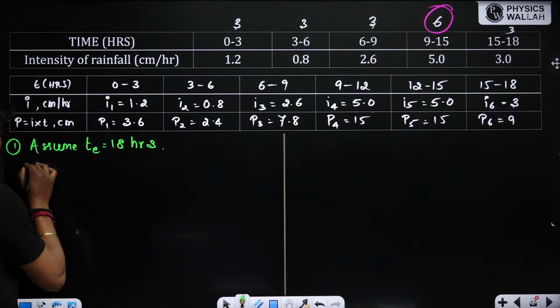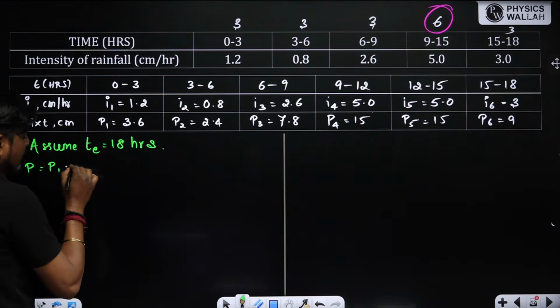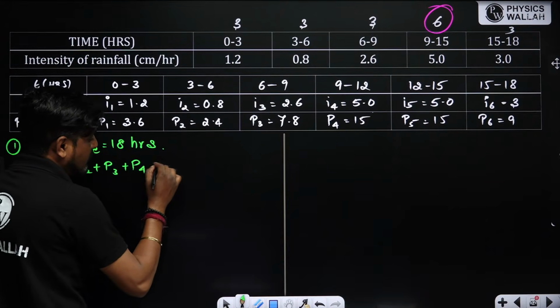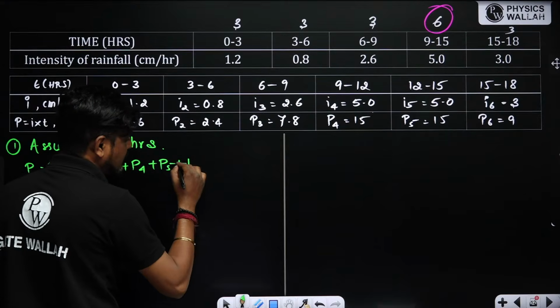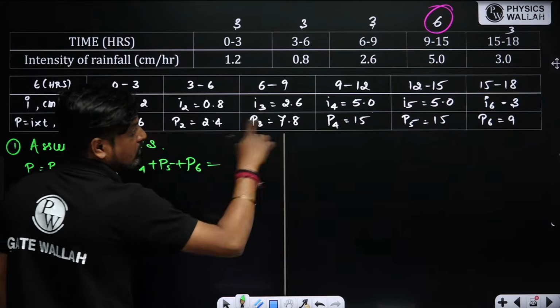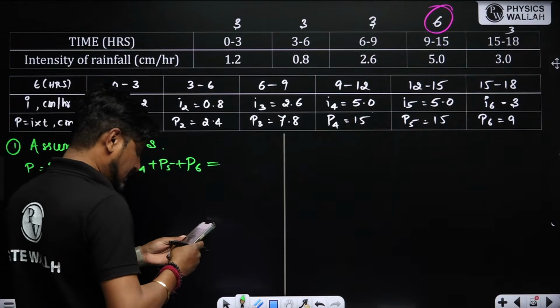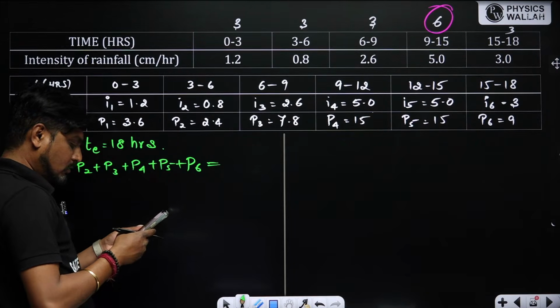So total P you have to take, P is equal to P1 plus P2 plus P3 plus P4 plus P5 plus P6. So all P values you add. I think 52 point something you will get. My calculated value is 52.8.